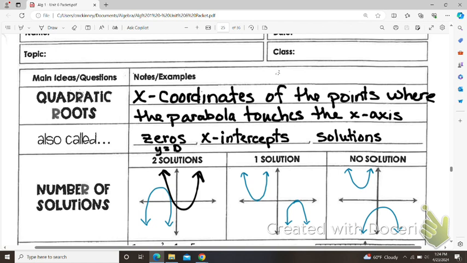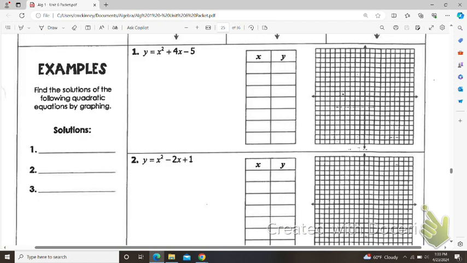All right, so we'll give you some examples here, and we'll go from there. Let's take a look at a couple of graphs here and see what we can find. In this case, we are trying to find the solutions by graphing. I completely realize that you might be able to do it faster by factoring.